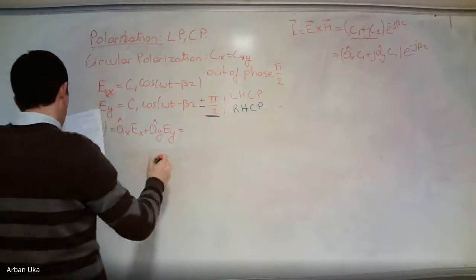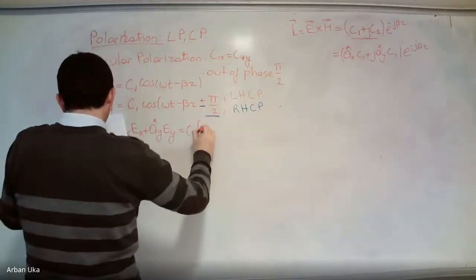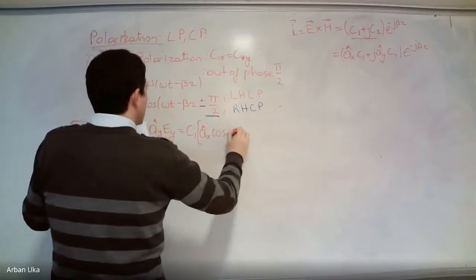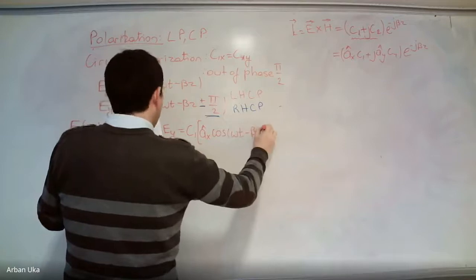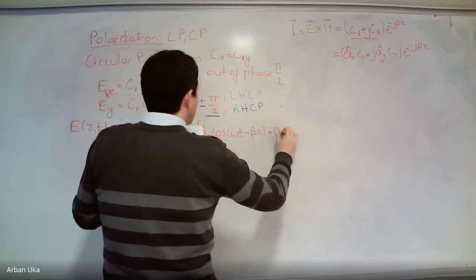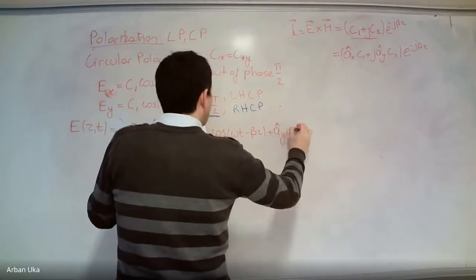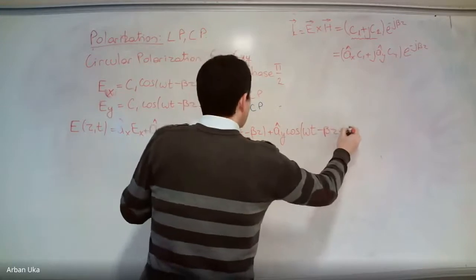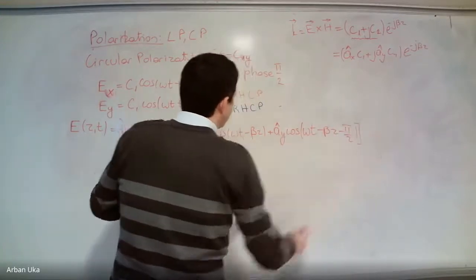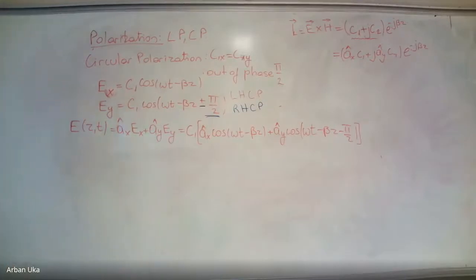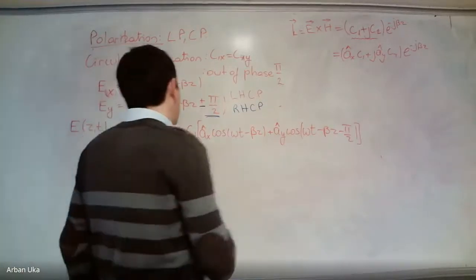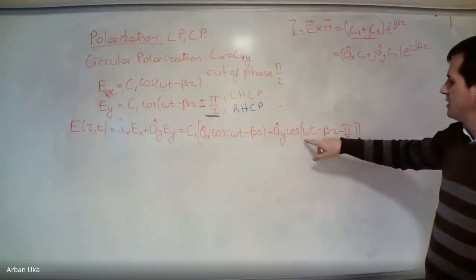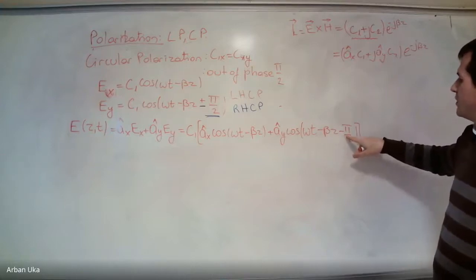And this would be equal to C1 times AX cosine omega t minus beta z plus AY cosine omega t minus beta z minus pi over 2. Okay, so here we have the instantaneous expression of the electric field. We notice here the delay, this cosine minus pi over 2.